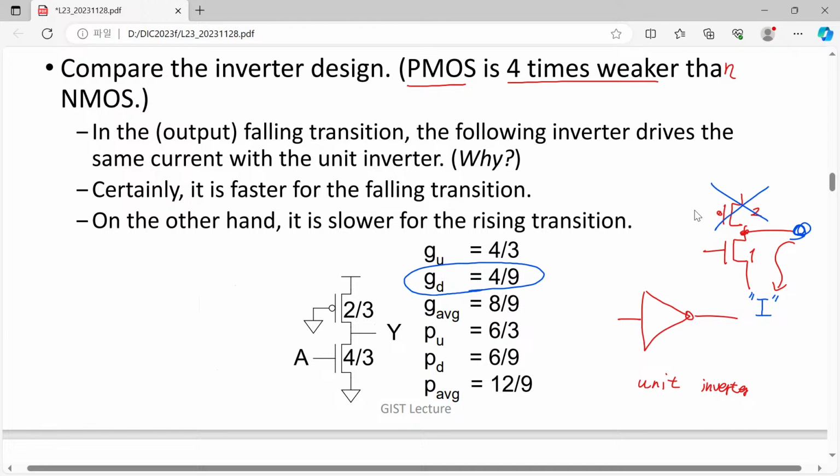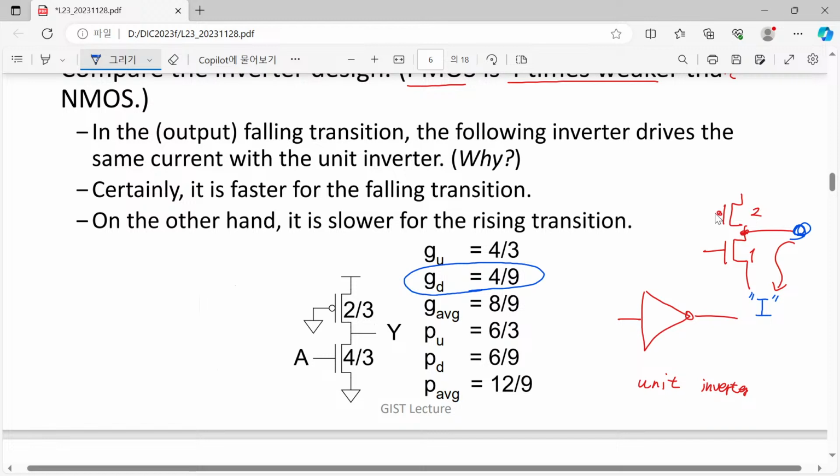In our static CMOS implementation, the input is connected to both our N MOSFET and P MOSFET, so we expect an input capacitance of 3 times the unit value C. Then please try to estimate the input capacitance seen from this A node.